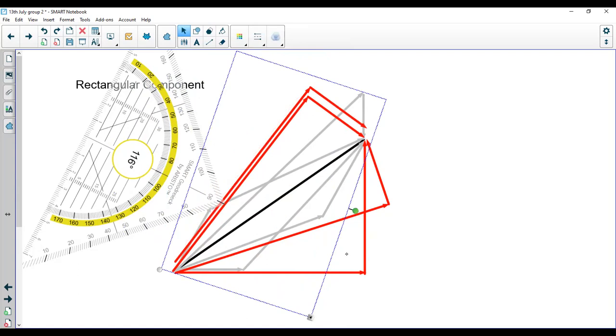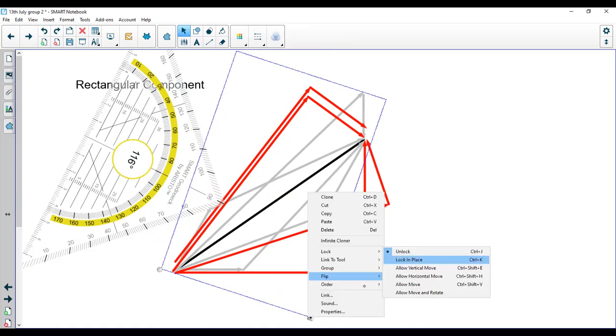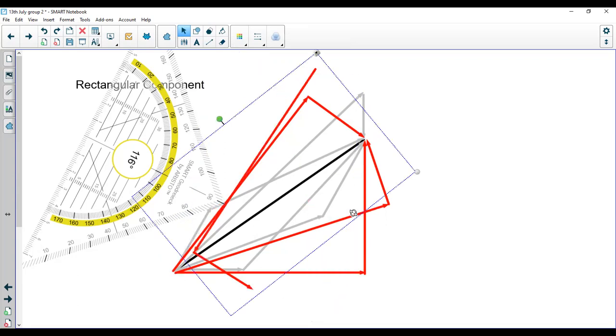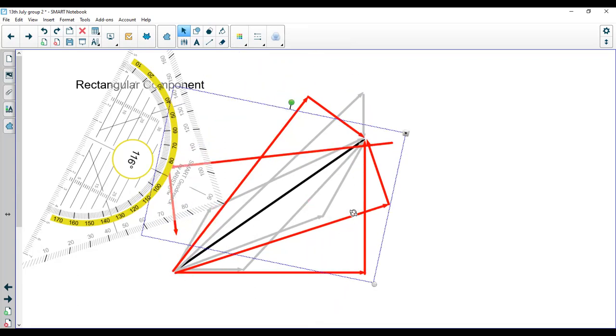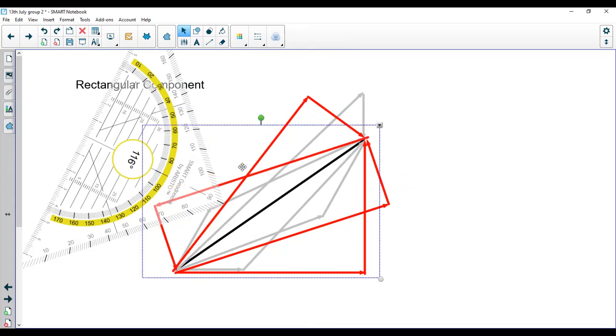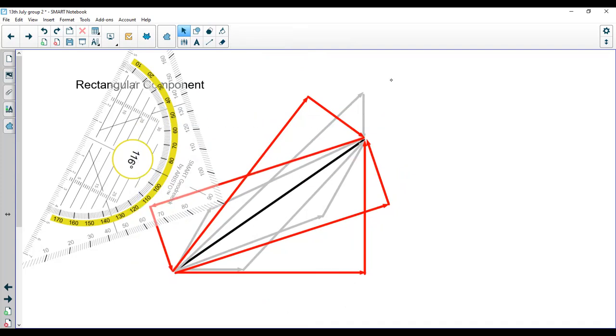Even this one. So as long as the two components are at right angle to each other, we can call them rectangular components. Is it clear? Yes.